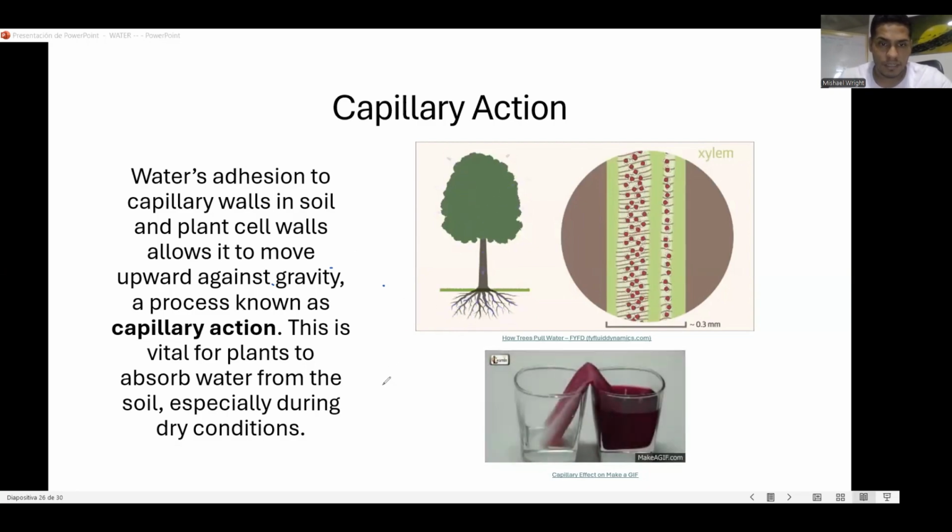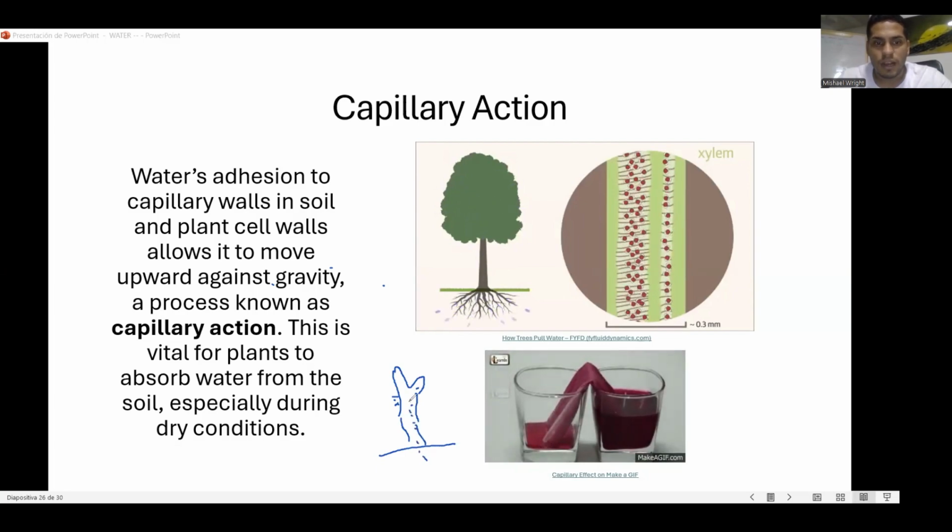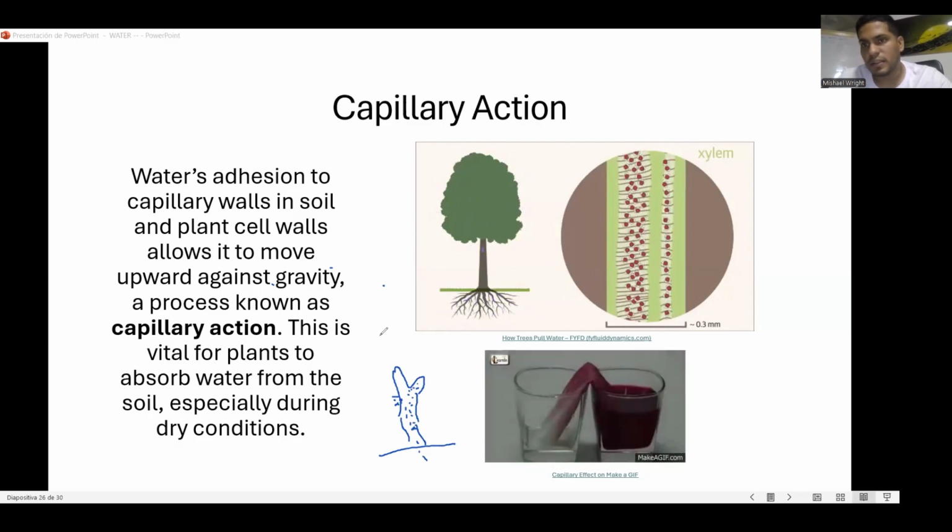The cacti, for example, absorb water and store it, right? So in dry conditions the water can be stored in the cacti, in cactuses.